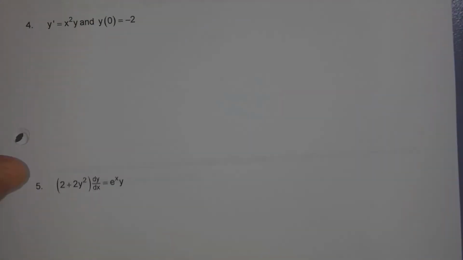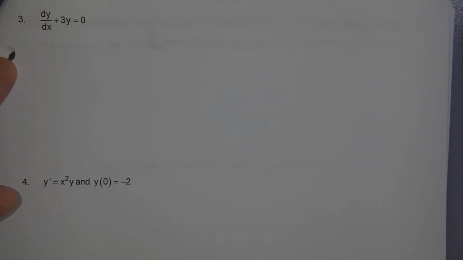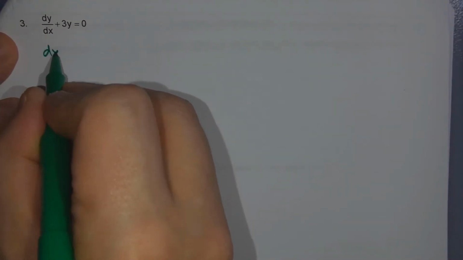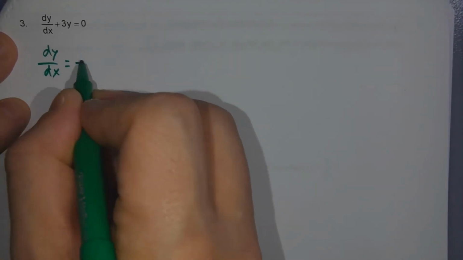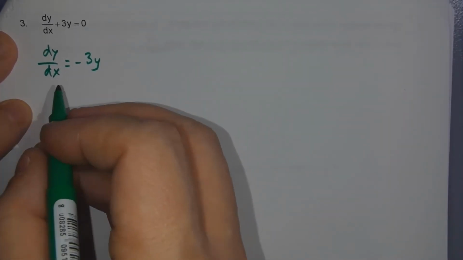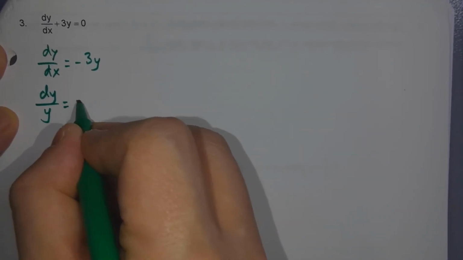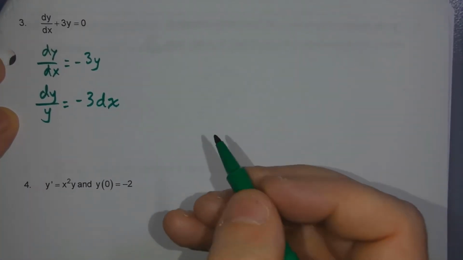Okay. In the third problem, dy by dx plus 3y equals 0. So now dy dx equals negative 3y. So dy over y equals negative 3 dx.